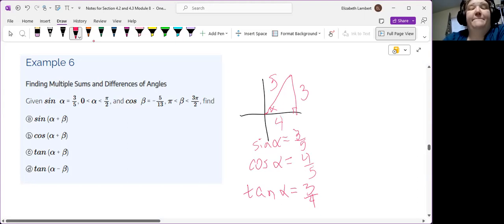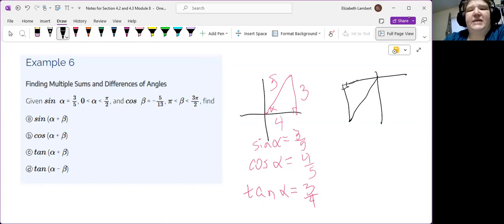All right, now our beta, they tell us is between pi and 3 pi over 2. So that is a quadrant 3 angle. So I'll put that up here, diagonal line, and then back to the x-axis. So there's our beta.